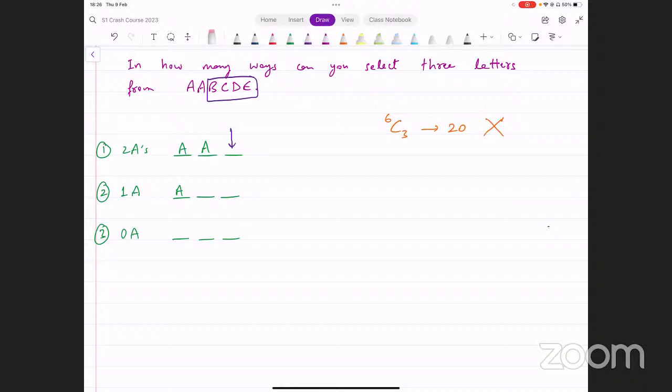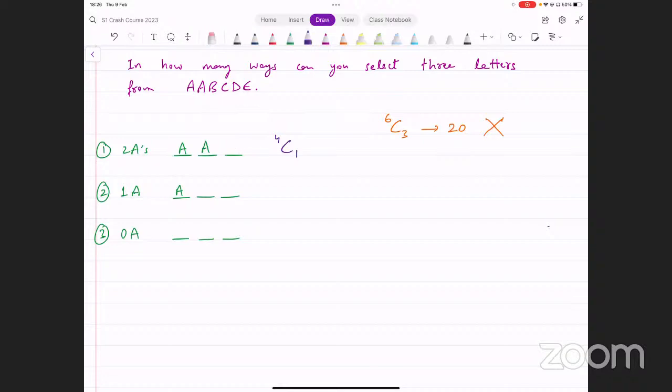So you've got one place left, and you have four options left. Out of those four, you have to select one. So in how many ways can you do this? You can do this in 4C1 ways. Now the rest of the letters are all different. So in that case, we could use combinations directly, but for the repeated object, you'll have to make these cases like this. So the first case has 4C1 ways of doing it.